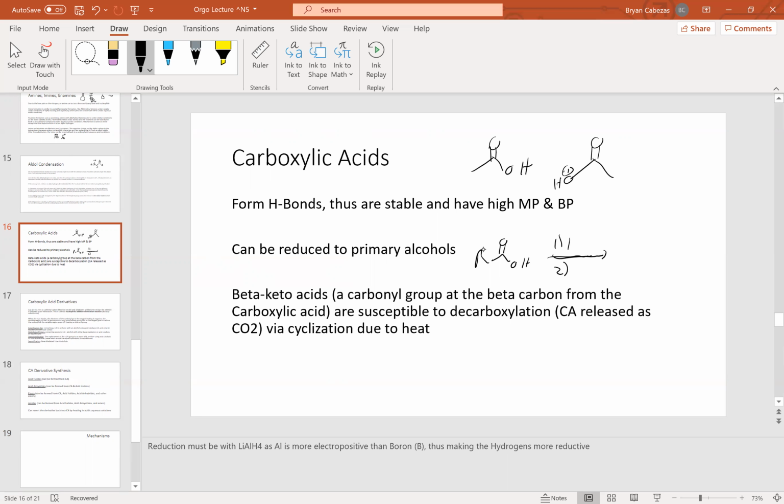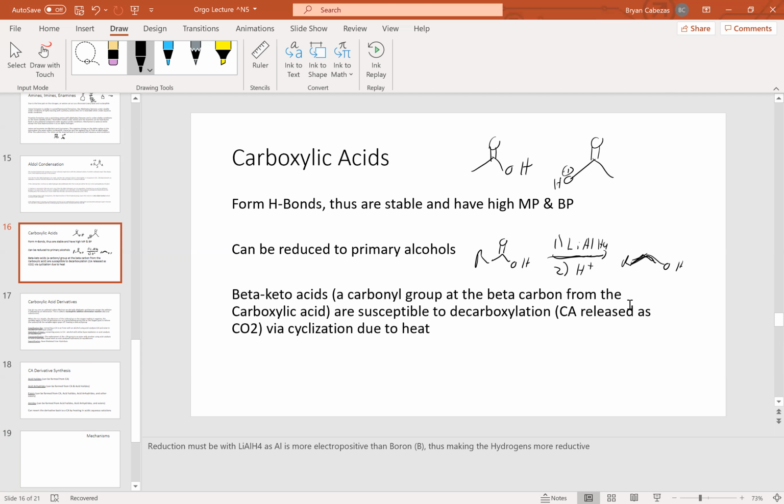We're going to be using LiAlH4 with some acid, and we're going to get our primary alcohol back. The reason we use specifically LiAlH4 is that it's a stronger reducing agent than, let's say, NaBH4. So we're going to be using this specific reaction to convert this carboxylic acid into our alcohol group.